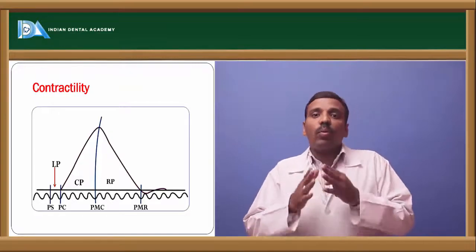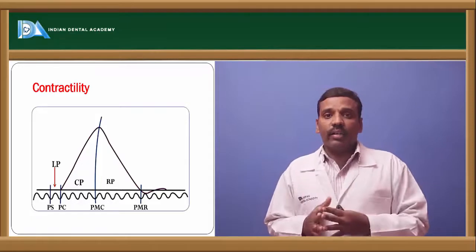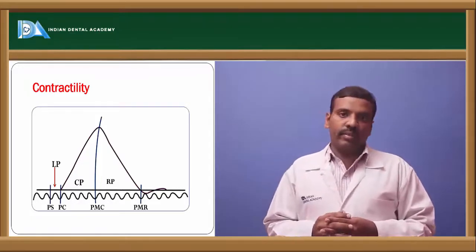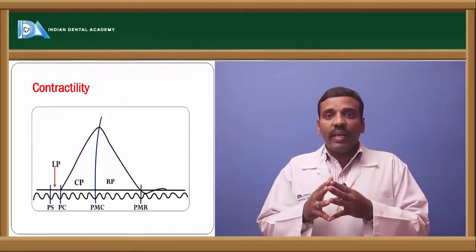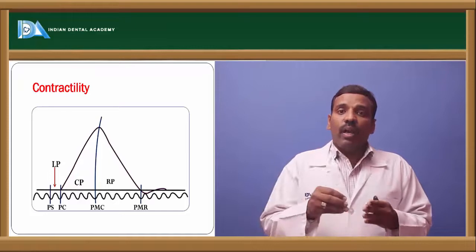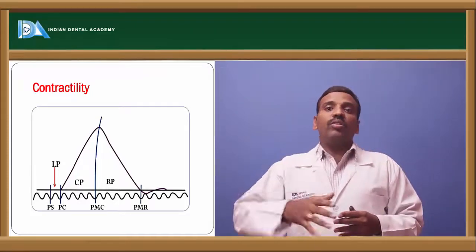The important property of the muscle is contractility. By the contraction of the muscle, movement occurs. The movement mainly depends upon the type of stimulus, the frequency of the stimulus and the strength of the stimulus.